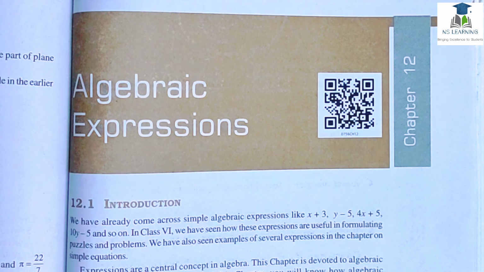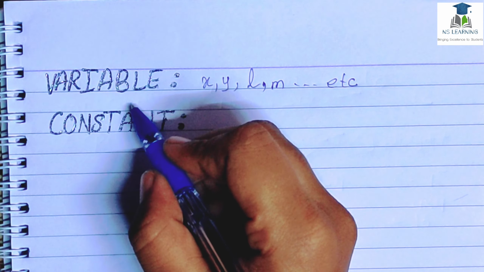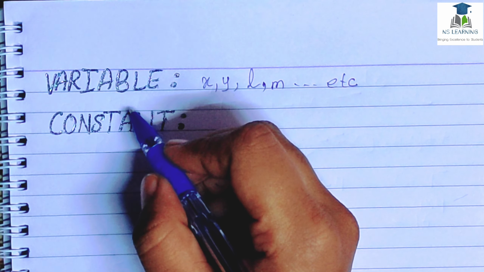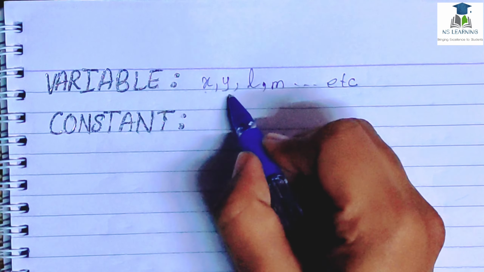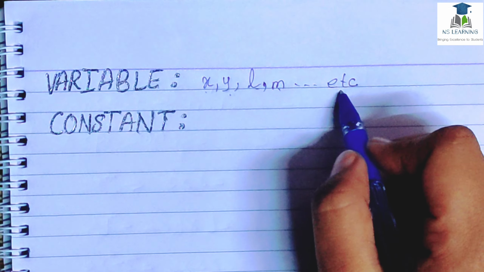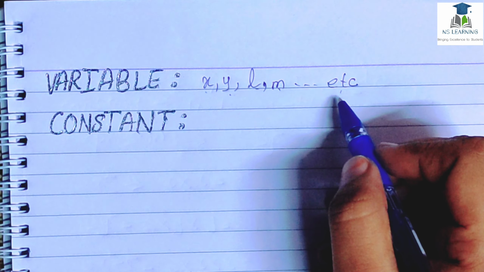So in this video we are going to learn 7th standard mathematics CBSE board chapter number 12, algebraic expressions. In the introduction part, variable. Now we know very well what a variable is. We use letters X, Y, L, M, etc. to denote variables.